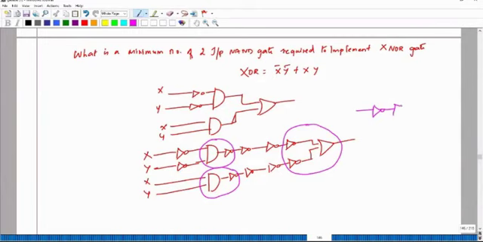What is this one? If the input is 0, the output is 1, and the output is 0. Similarly for 1, the output is 0, so it is 1. So this is similar to a straight line. So I can replace this one by a straight line, right?